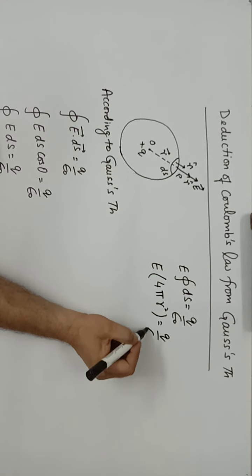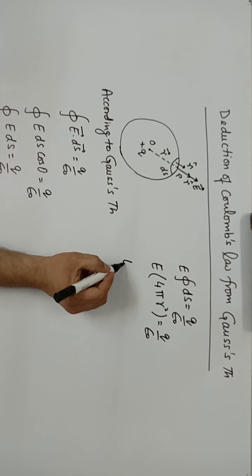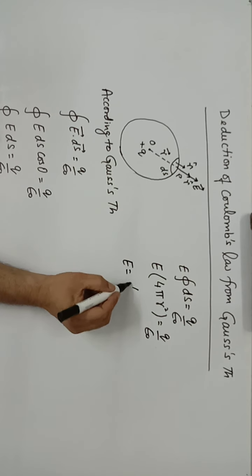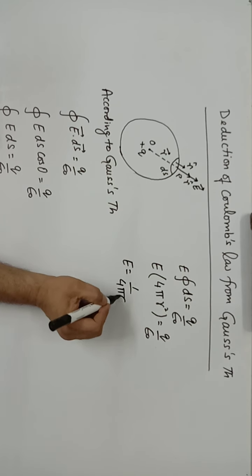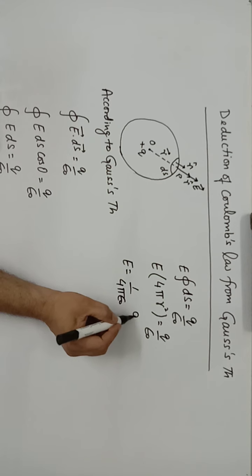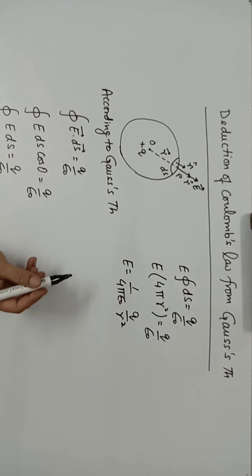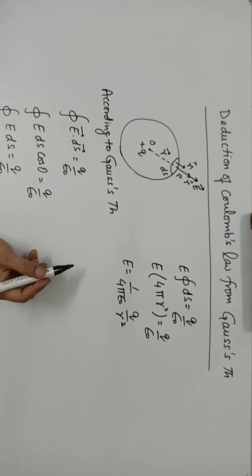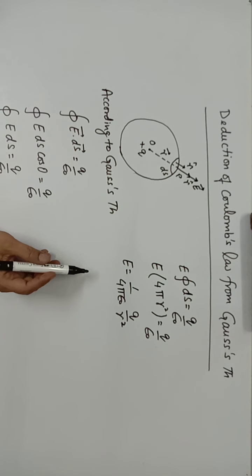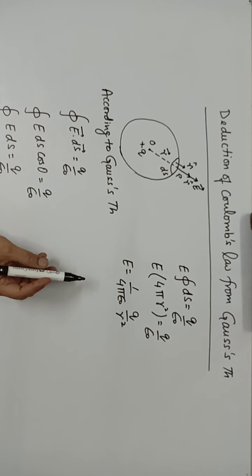So the value of E is 1 upon 4 pi epsilon naught Q upon r square. This is the electric field intensity at any point P, distance r, from an isolated positive charge Q at the center of the sphere.